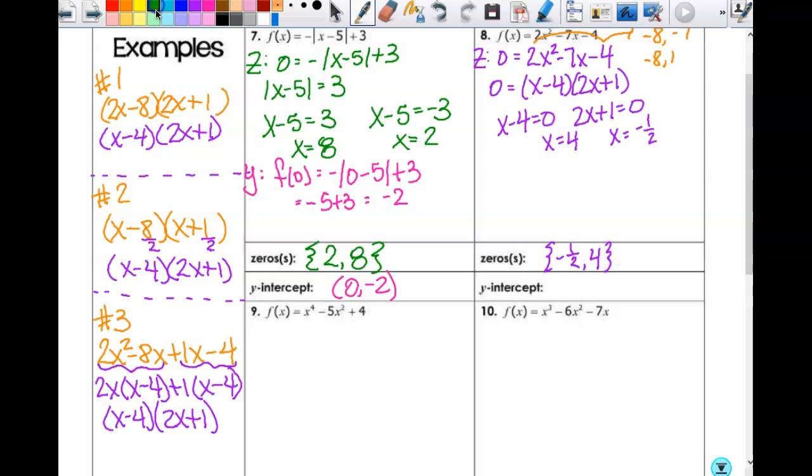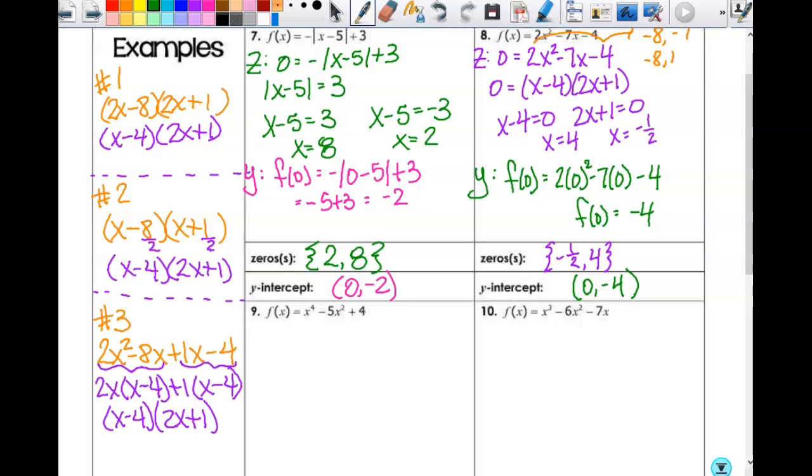My y-intercept, f of 0 is going to be equal to times 0 squared minus 7 times 0 minus 4. So what is f of 0? So that means I get 0. What questions do you have?